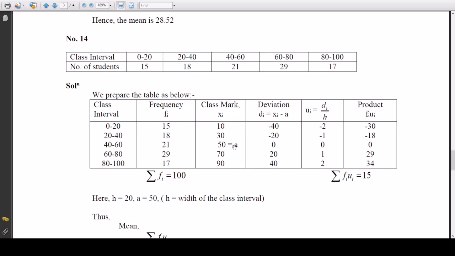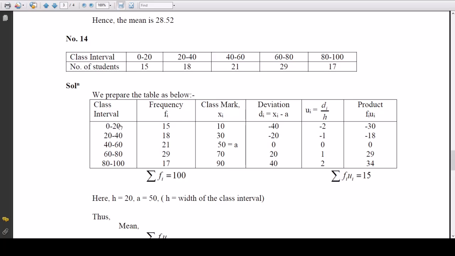Now middle of all these values is 50, then the deviation will be xi minus a. 10 minus 50 will be minus 40. 30 minus 50, minus 20. 50 minus 50, 0. 70 minus 50, 20. 90 minus 50, 40.